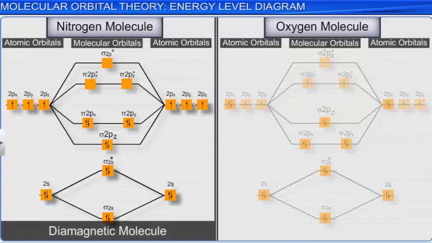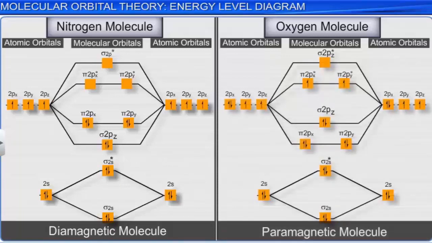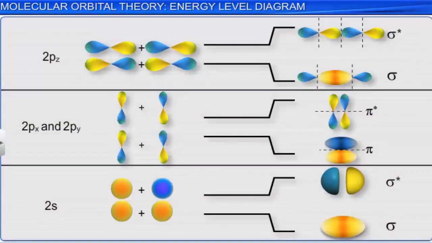And when the electrons in an atom or molecule are not paired, as in oxygen, they form a paramagnetic atom or molecule. In this way, the molecular orbital model helps us understand the structure and properties of molecules.